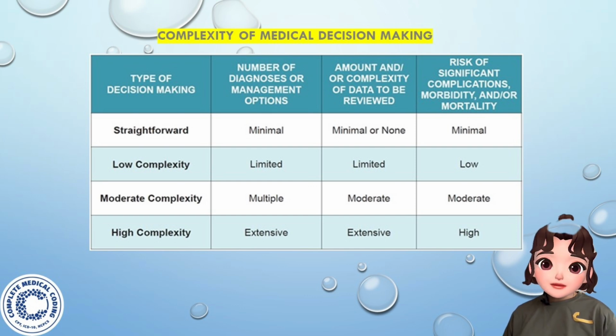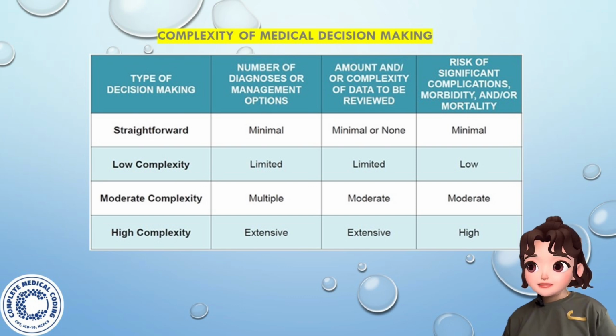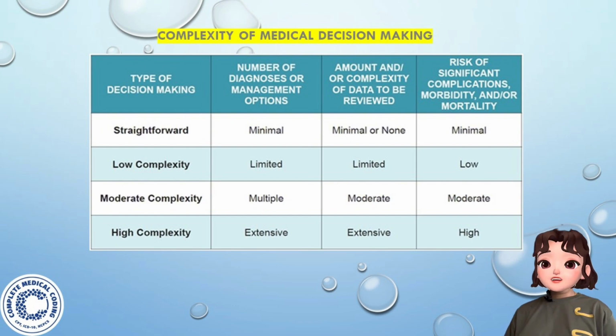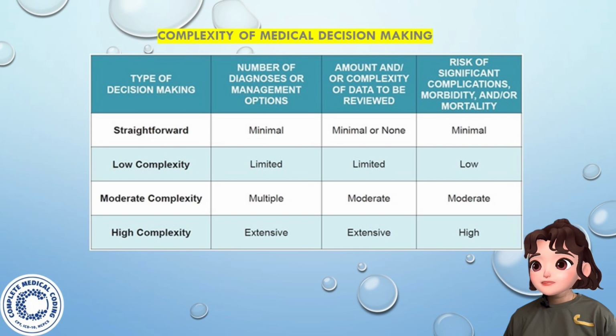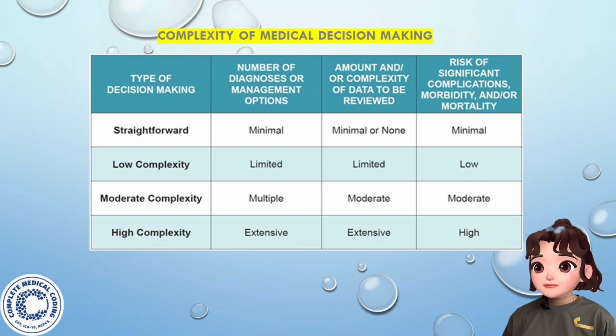If it is low complexity, it means the number of diagnoses is limited, the amount of data to be reviewed is limited, and the risk is low, then low complexity. For moderate complexity, multiple diagnoses will be there, data to be reviewed will be moderate, few data needs to be reviewed, and the risk also will be moderate.